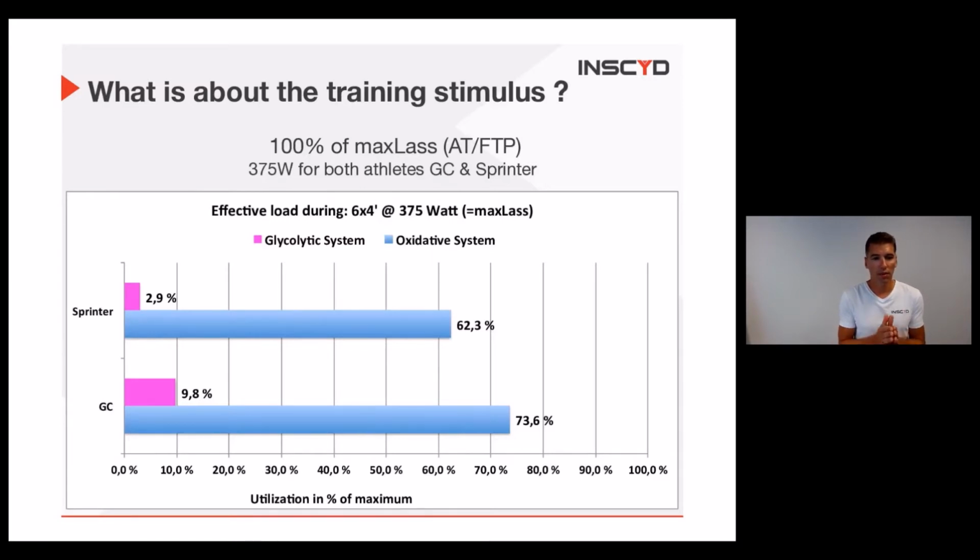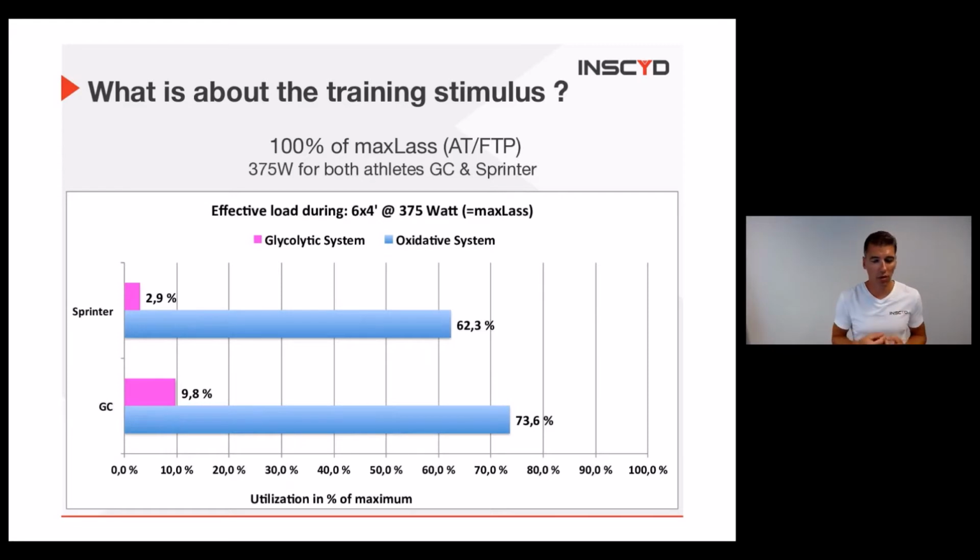So in this example, both athletes are riding at an intensity which equals 100% of the AT or FTP. So both riding at threshold, 75 watts. And what you're looking at here is a percentage, how much they are utilizing the aerobic system, how much they're utilizing their VO2 max, and how much they're utilizing their glycolytic system, their VLA max.